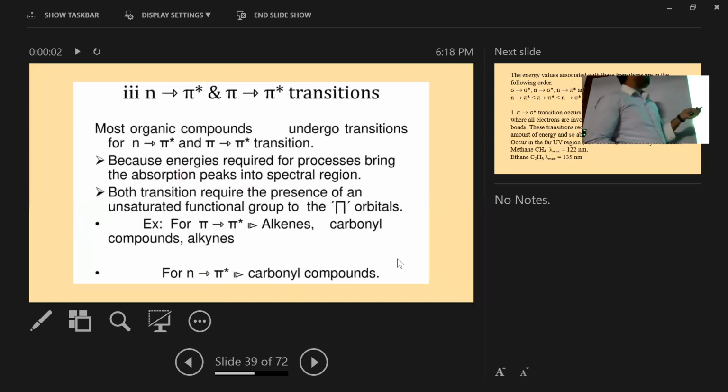Then n to pi star and pi to pi star. That is an even smaller energy. Pi to pi star occurs in alkenes, alkynes, and carbonyl compounds, that means aldehydes and ketones. So these types of transition are possible. n to pi star involves non-bonding electrons.